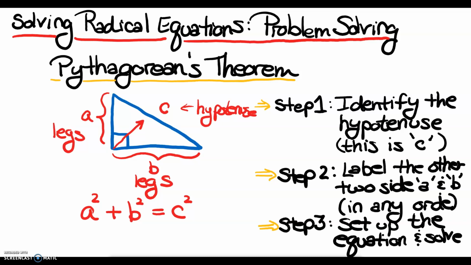Step number 1 is to identify the hypotenuse. So we're always going to draw an arrow through my right angle, and it's going to point through to the hypotenuse.